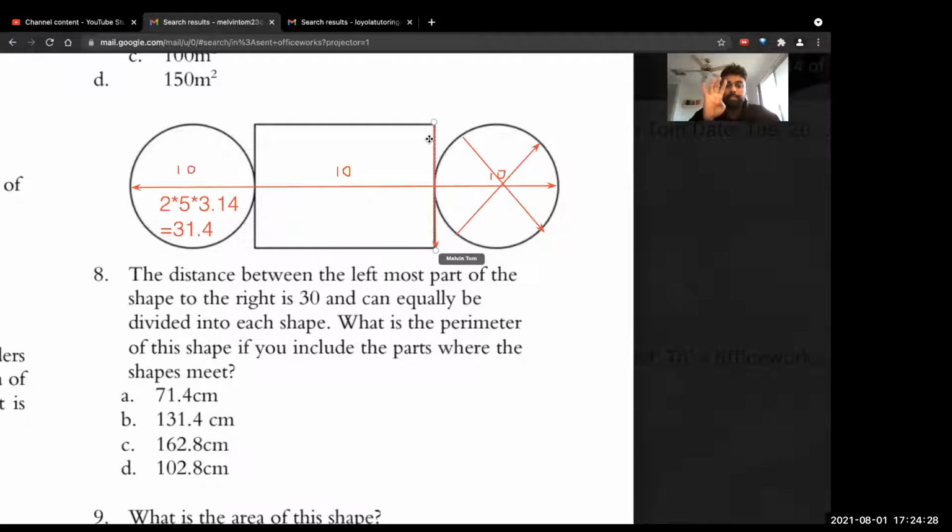Four-sided shape with all four angles being 90 degrees and opposite sides parallel to each other. But isn't that also like a square? Exactly. So all squares are rectangles, but not all rectangles are squares. That makes no sense. It does. It's like this: all girls are humans, but not all humans are girls.